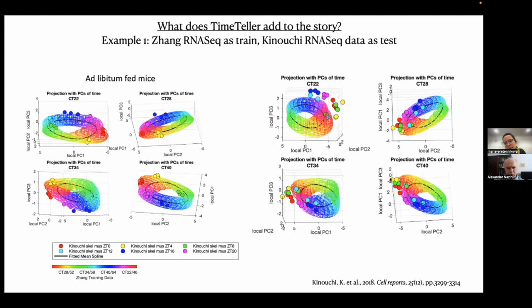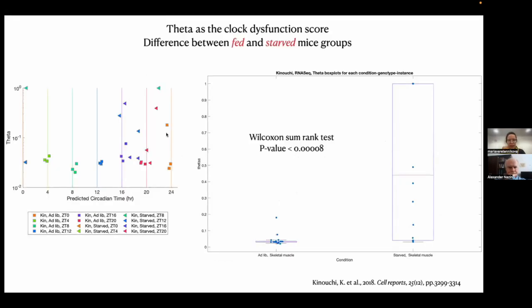That is very interesting, because it means that the clock is still functional, but it's just off. And it would be interesting to put a number on this functionality. So that's exactly what we did. We considered the difference between the fed and starved mice groups.